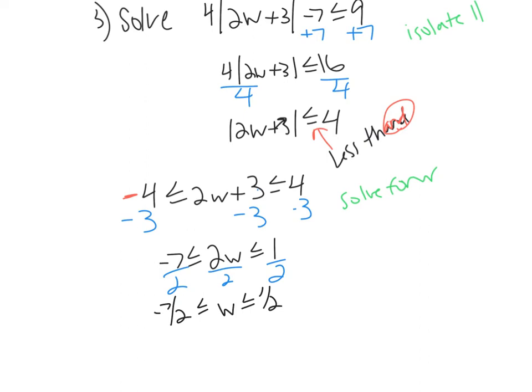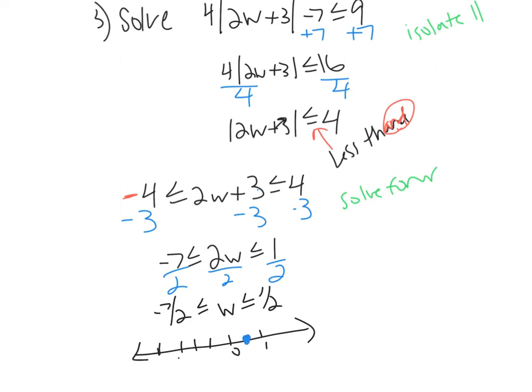And how can we represent all the solutions on a number line? Draw a number line. Negative 7/2 is negative 3.5. So in between negative 3 and 4, right? And we have a closed dot because it is equal to. So we have a half right here at a closed dot.